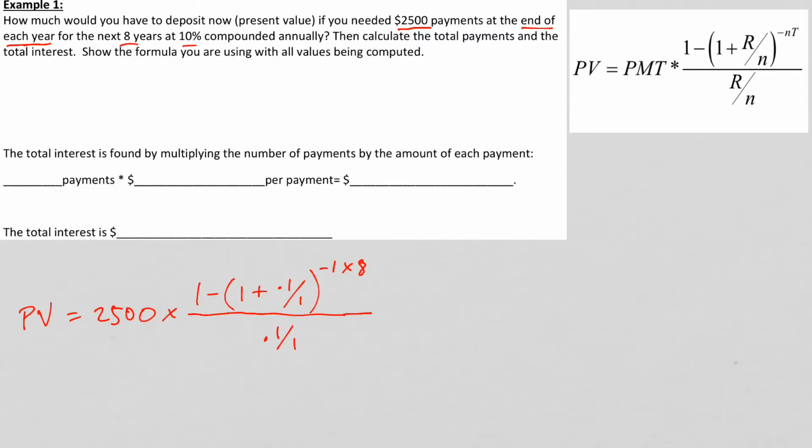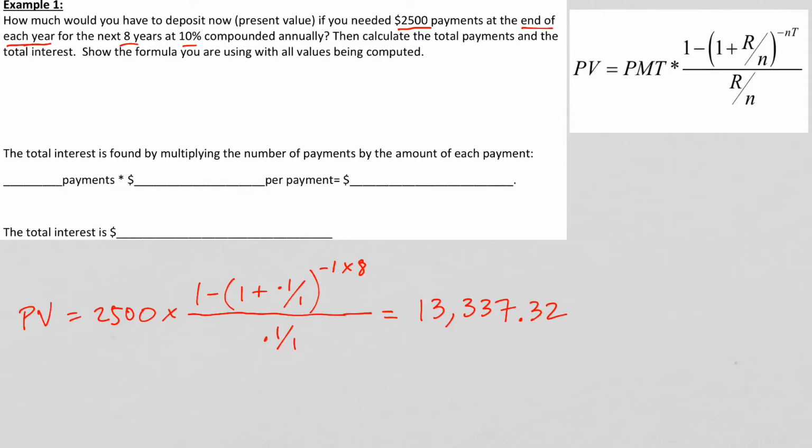And again, you don't have to multiply and divide by 1, but I'm just showing it because of the formula. And we are going to get $13,337.32 after rounding off to the nearest penny.